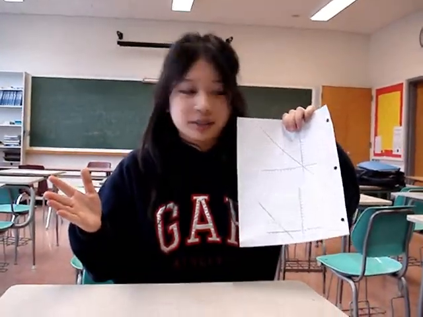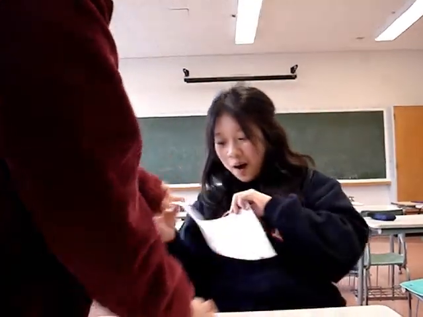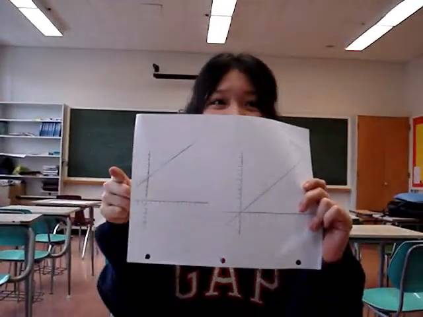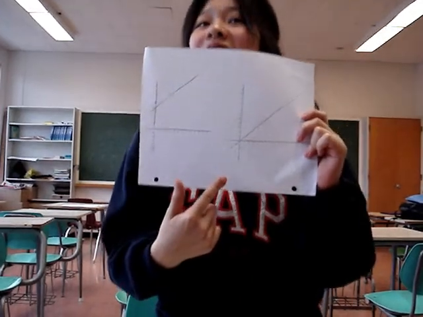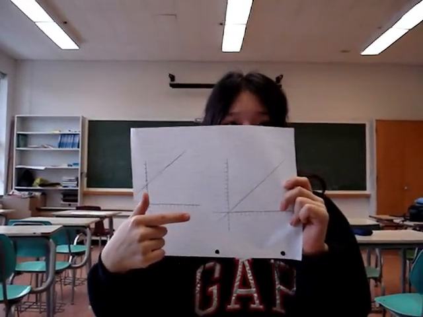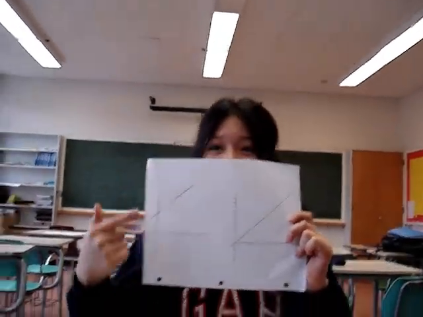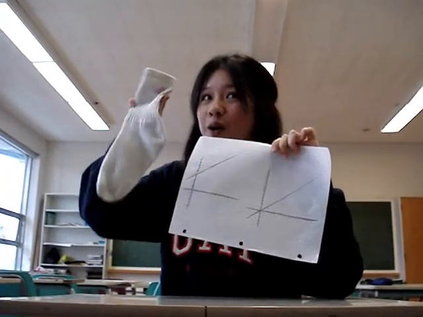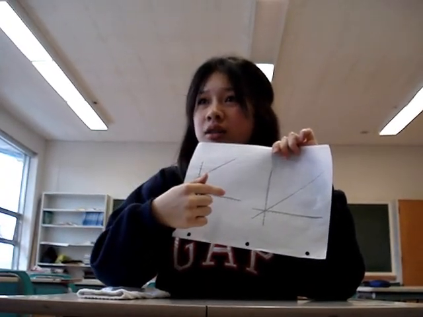Okay, so you have a graph, but you can't decide if it's direct variation or partial variation. It's way better than your brain. This is how it works. You have two graphs, and with ShamBrain, you now know that direct variation goes through the origin and partial doesn't.